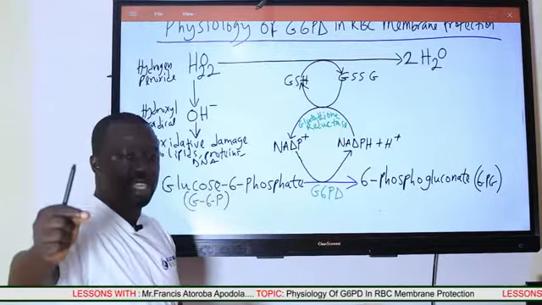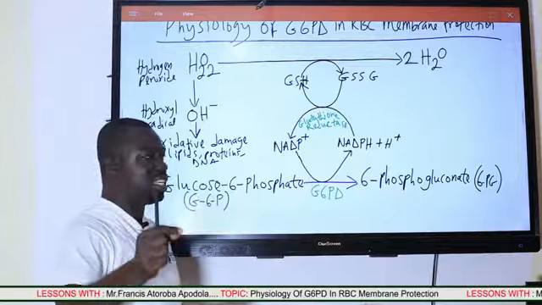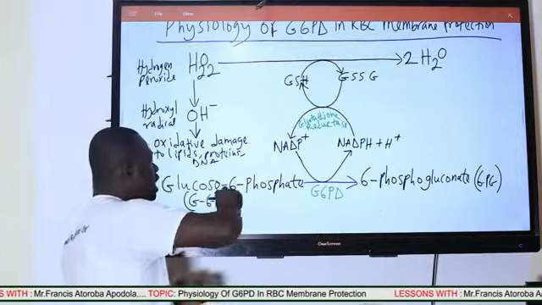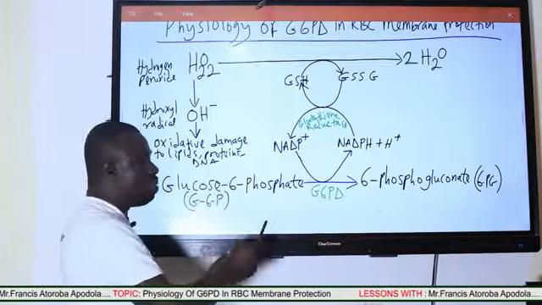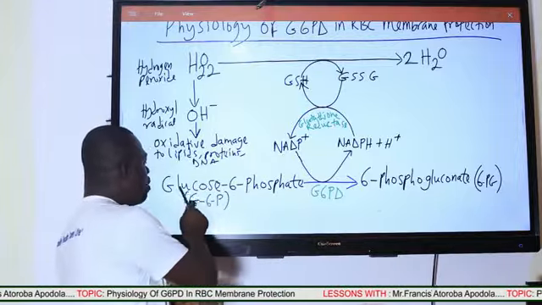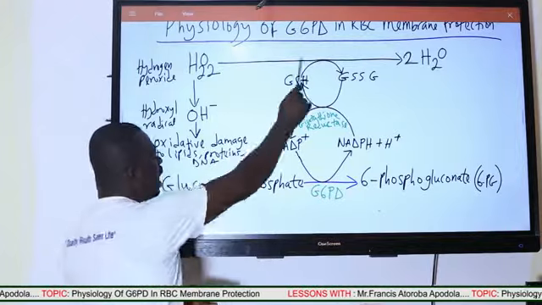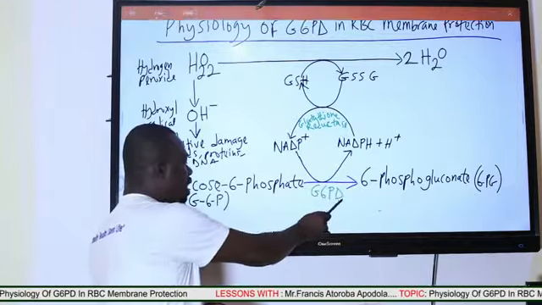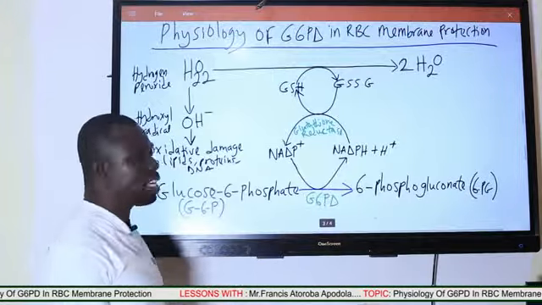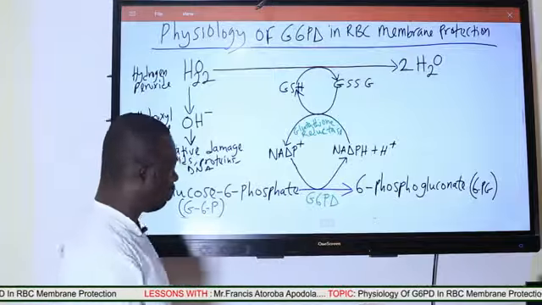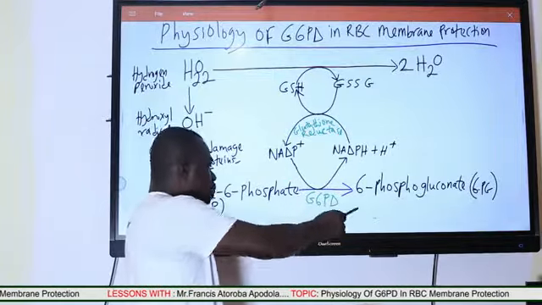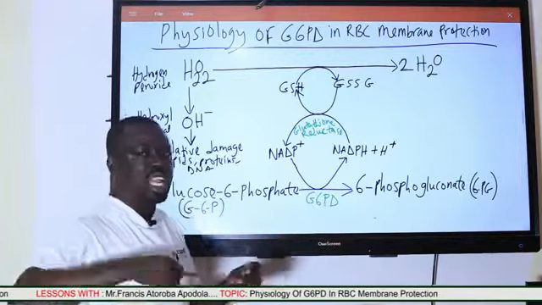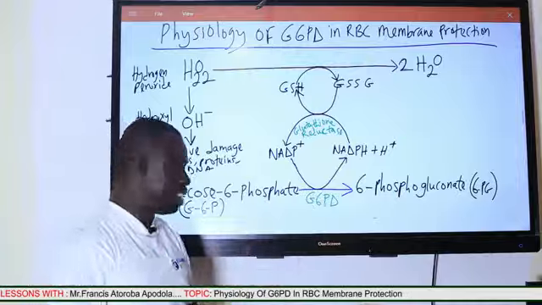Now, dehydrogenase is abbreviated as D. And so once we add dehydrogenase to glucose 6-phosphate, the name of the enzyme catalyzing this reaction becomes glucose 6-phosphate dehydrogenase, abbreviated as G6PD. The D here stands for dehydrogenase.